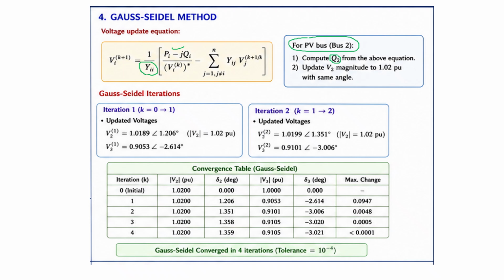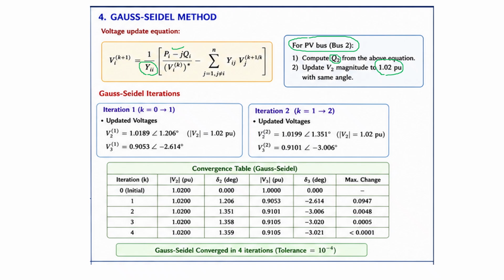Already the slack bus voltage and angle are the same. But for a PV bus, the voltage magnitude is the same, but the angle will vary. To obtain that angle, we calculate the voltage for the PV bus and keep the magnitude as the original given value, but we take the angle. So we'll update that.